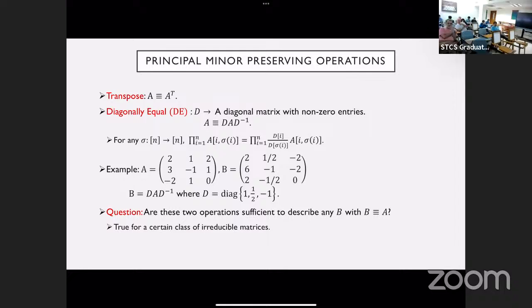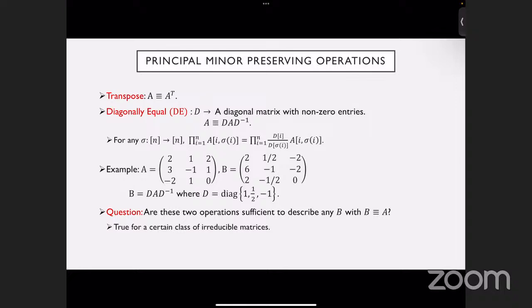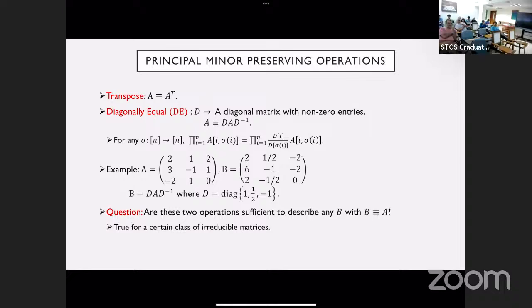So this is true. Question: I didn't follow the argument why diagonally equivalent matrices have the same determinant. The same determinant is fine. Are you saying that all principal minors are the same? Yes. Because this is like saying that the ith row is scaled by D1, etc., and you are unscaling them with respect to the columns.